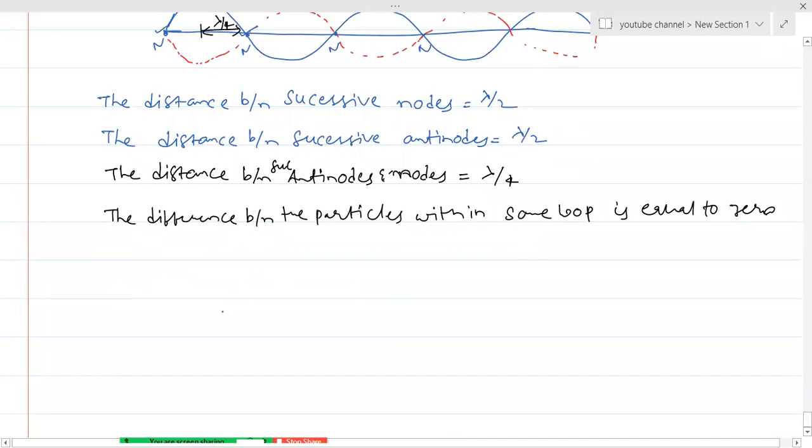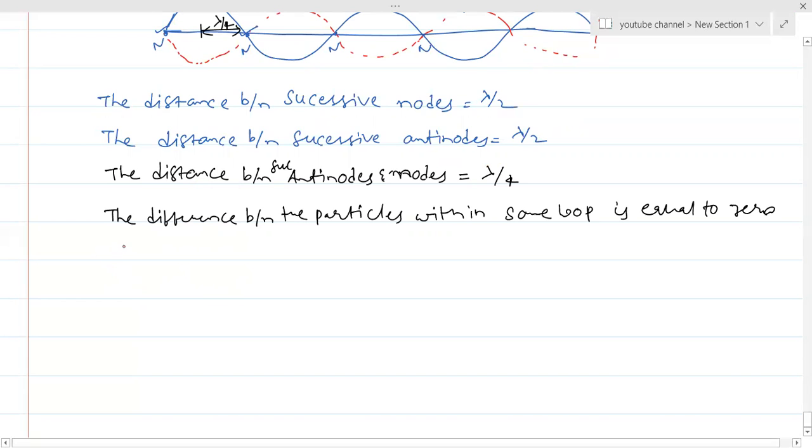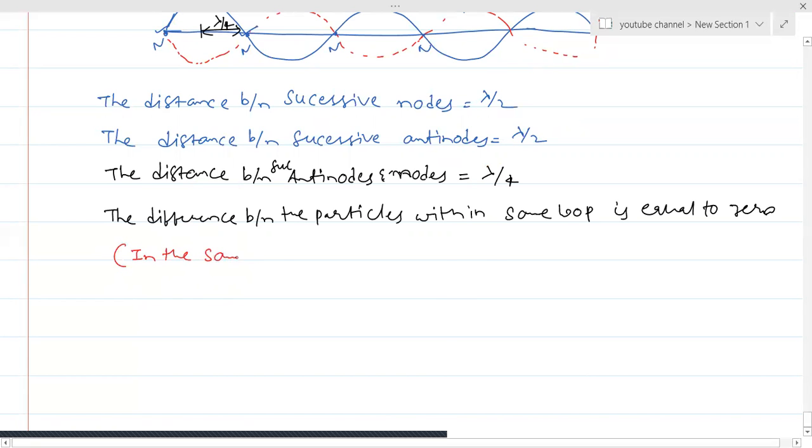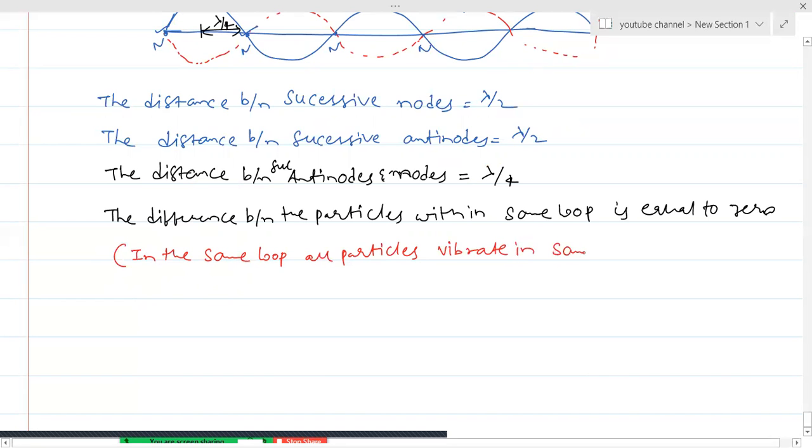So that means in the same loop, all the particles will vibrate in the same phase. So that is very, very important.